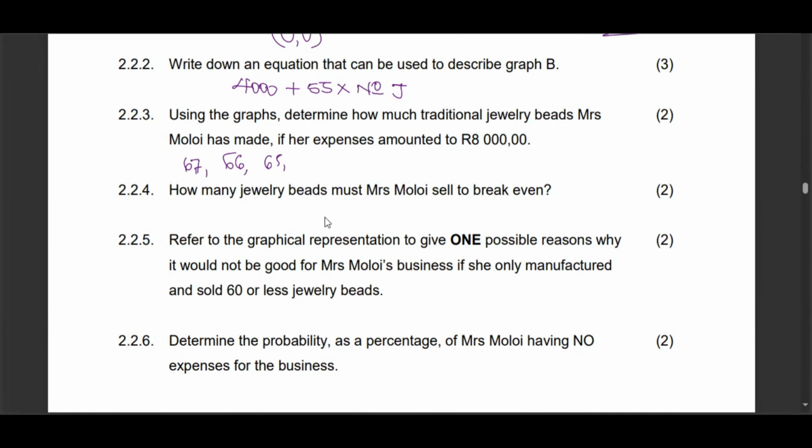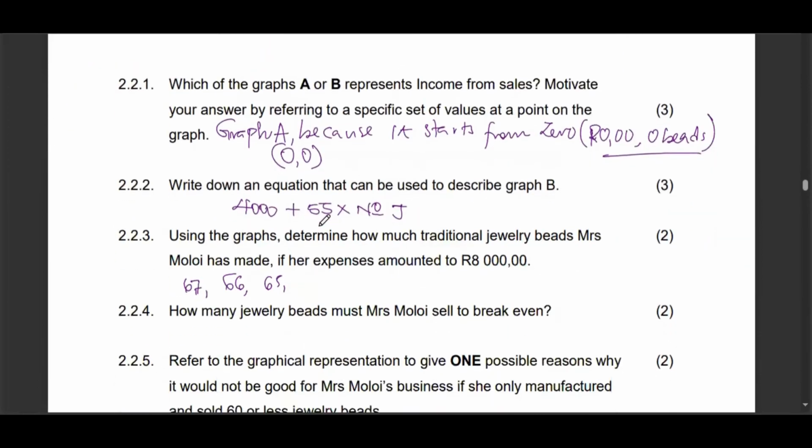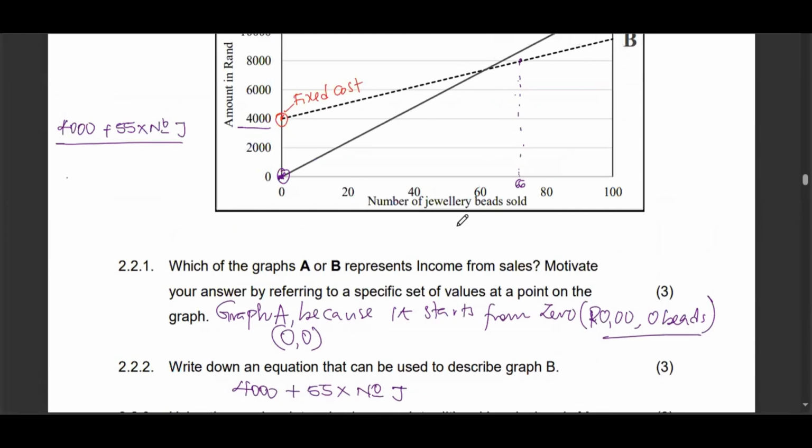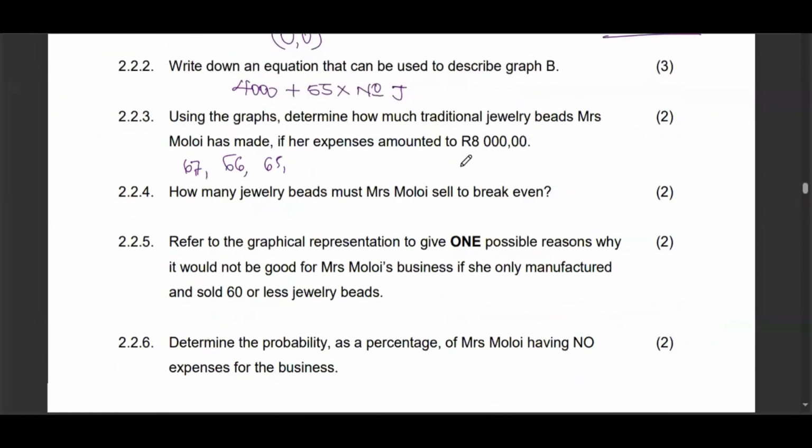How many jewelry beads must Mrs. Molloy sell to break even? We are using the graph. You can use the graph, or if you had a table, you would use it. If not, I'm going to show you how we use a formula. Now, the break even is approximately 62 or 60.